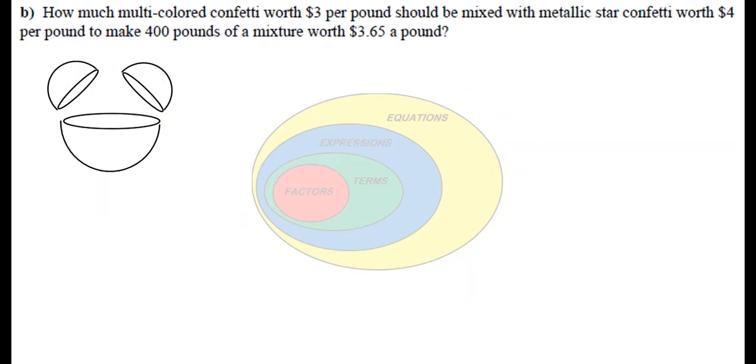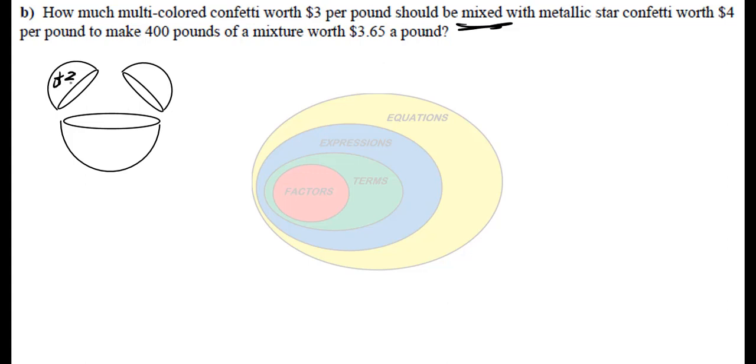All right, the next question is talking about the cost per pound of these confettis, and I am mixing these together. So again, this is a mixture problem. I want to know if I mix these together, the two different types of confetti, what I would want is to label what's being mixed with the dollar amount.